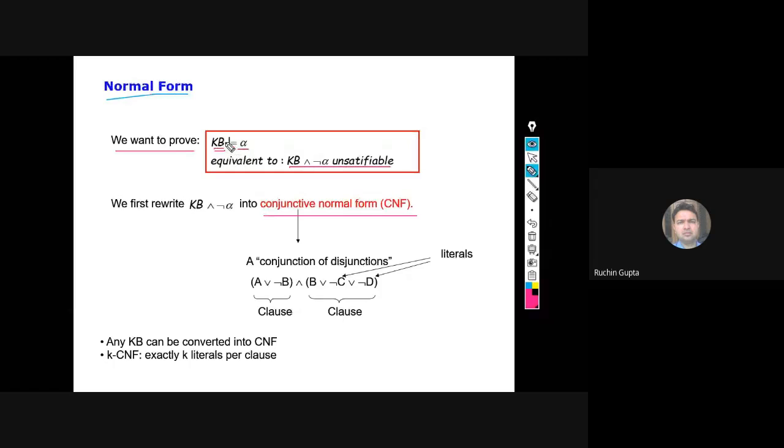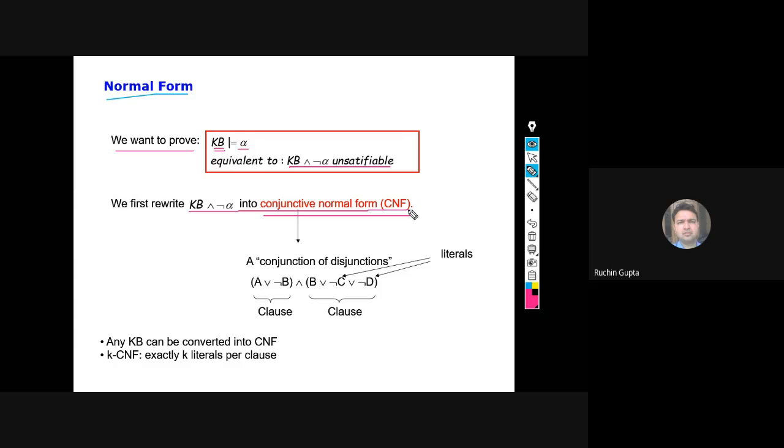So when we apply a method like resolution, we first need to write KB and negation alpha into the equivalent CNF form. What is this CNF? It is known as the conjunctive normal form. Whatever propositional statements we have, we will follow an algorithm that we will discuss in the coming slides that will convert the statement into CNF form.